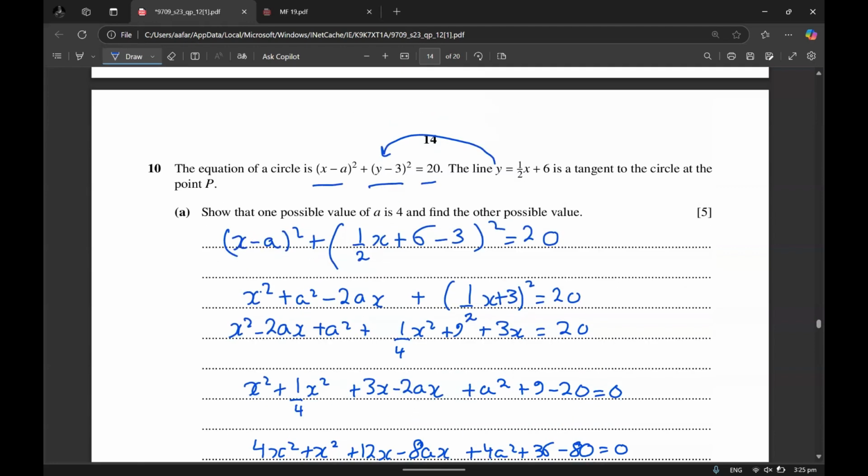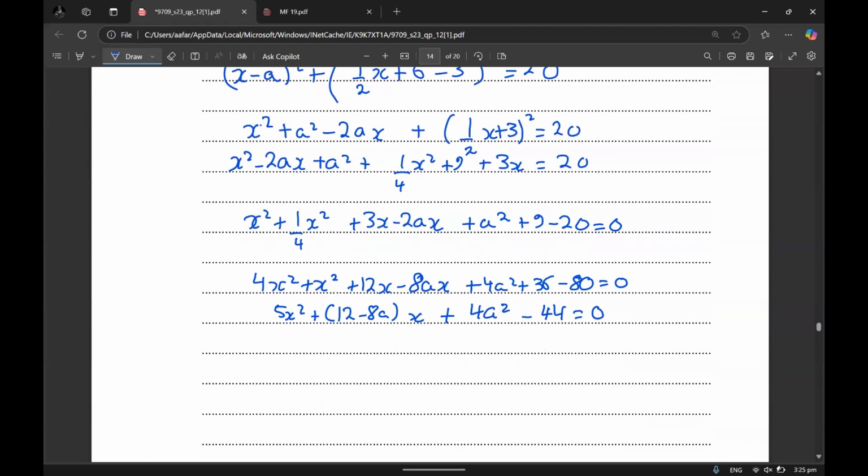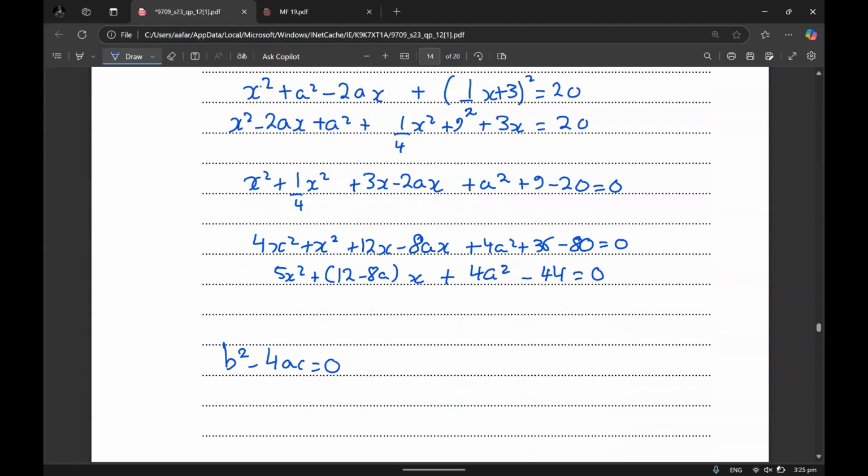Okay, since it said that the line is a tangent to the circle, that means it only has one intersection. And we determined in the previous question that the discriminant will be equal to 0 if it is a tangent. So b square, 12 minus 8a whole square, minus 4 into 5 into 4a square minus 44.